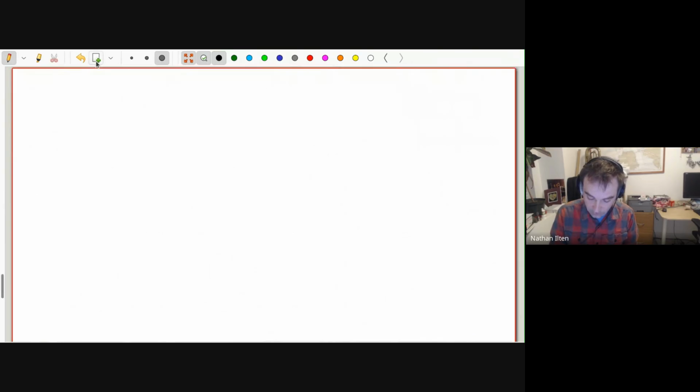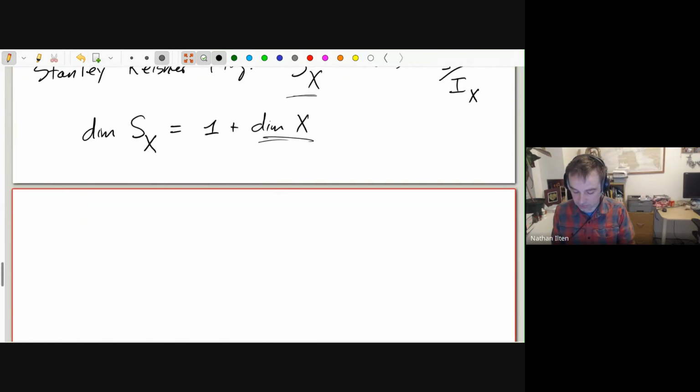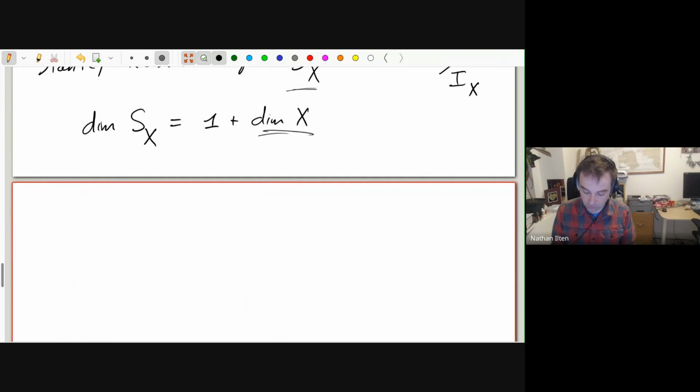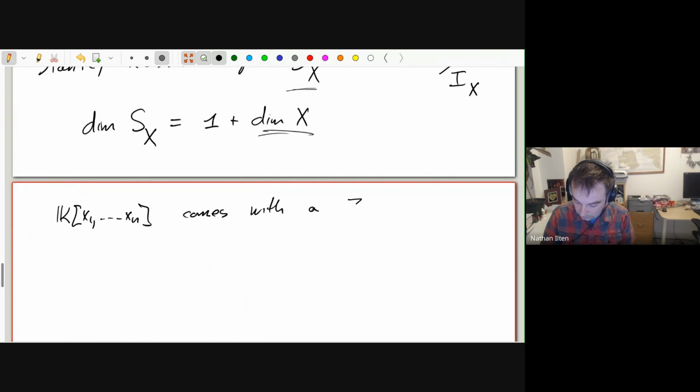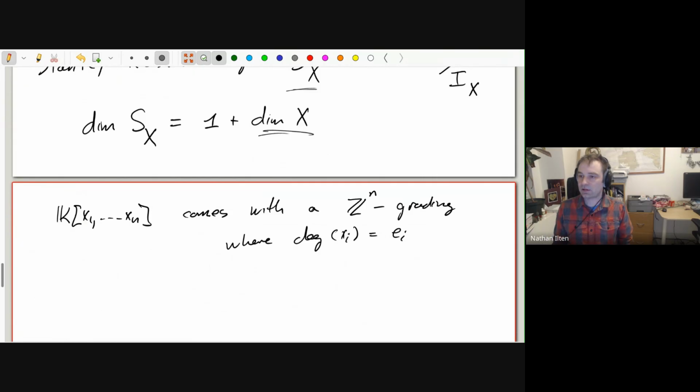Okay, so let me make that a little bit more precise. Notice that our polynomial ring k[x1, ..., xn] comes with a Z^n grading, where the degree of a variable xi is just equal to the ith standard basis vector.